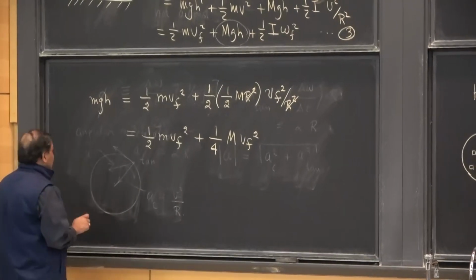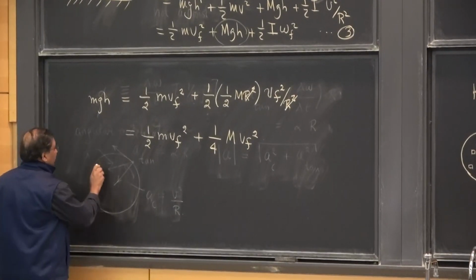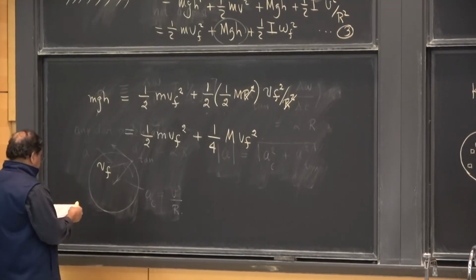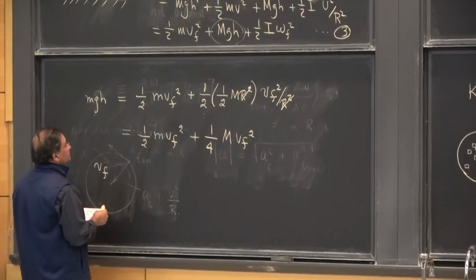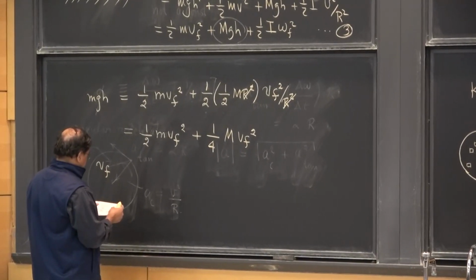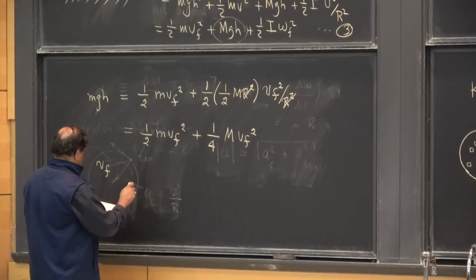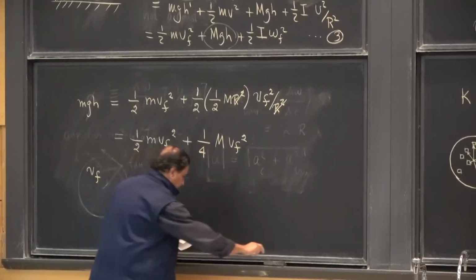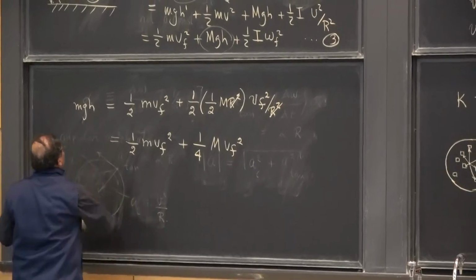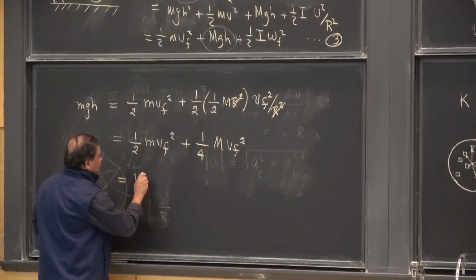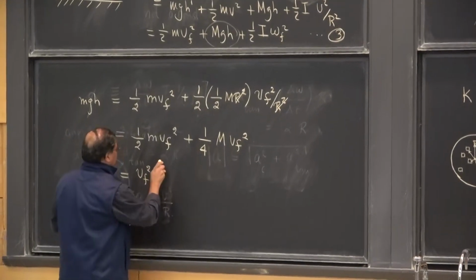All right. What is my goal? My goal is to calculate v final at this point. So what is v final? Let me just simplify things a little bit first before I calculate v final. Here I can take v final squared outside because it belongs to both terms.